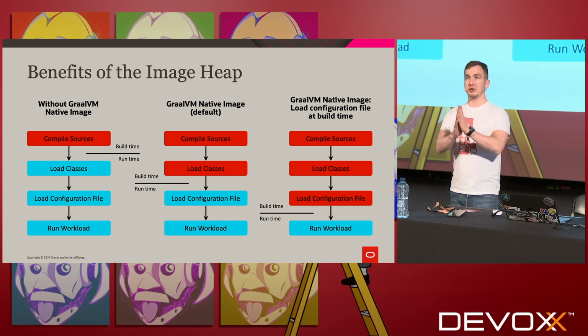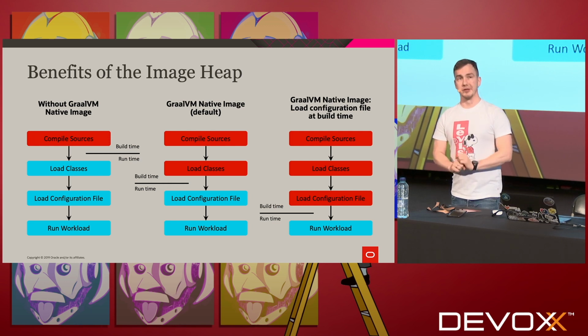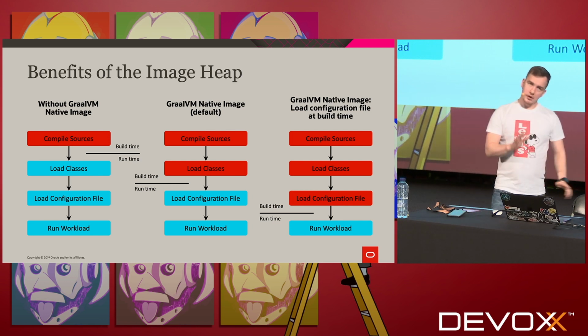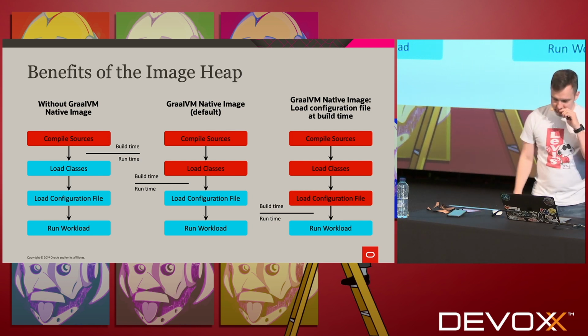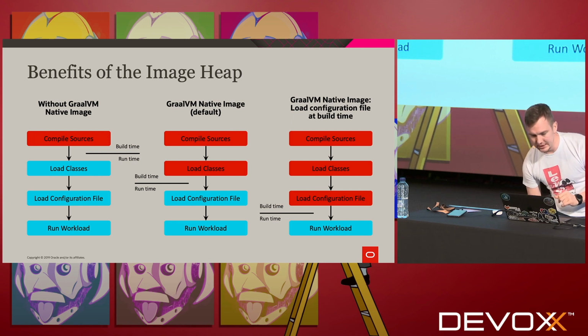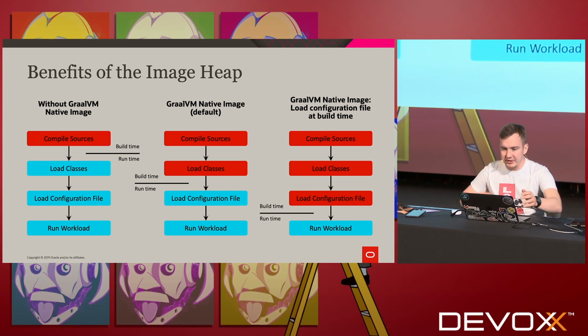So you can literally, as a developer, control the point up until which your application will be initialized when you're using native image, which gives you great flexibility. Might not be super straightforward, but could be a great advantage.